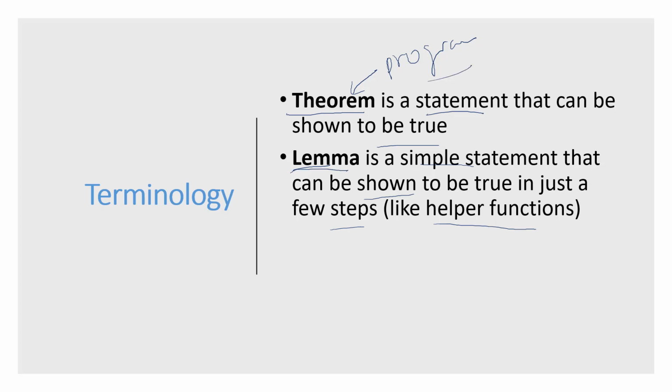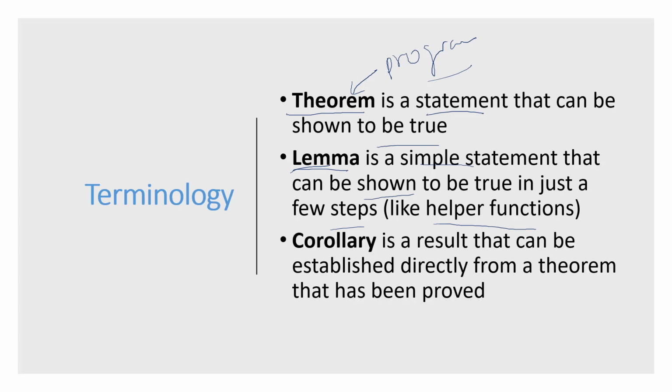So you write some helper functions to get things done. It's the same thing with the theorem. If you want the theorem to be concise and straight to the point, we use the lemmas to do that. A corollary is a result that can be established directly from a theorem.